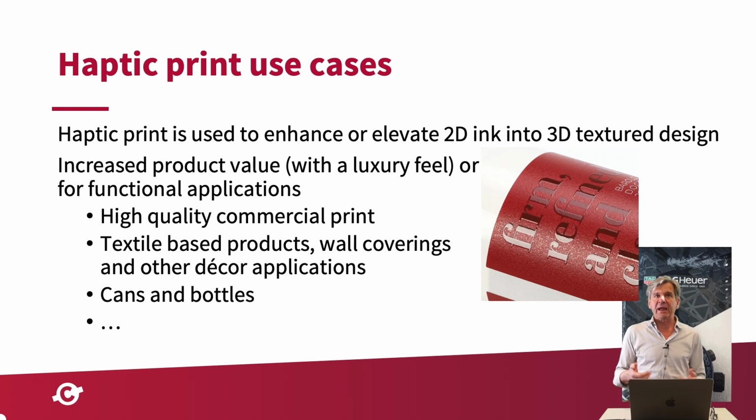So to elevate print, to make it somewhat 3D-like, textured design. Reason is you maybe want to have some increased product value, a luxury feel, and you normally use that in high quality commercial print or for textile, wall coverings, for cans or bottles. You can use that.